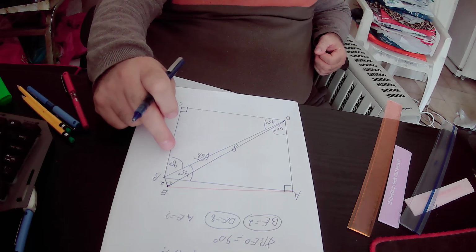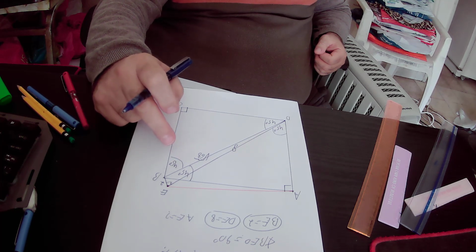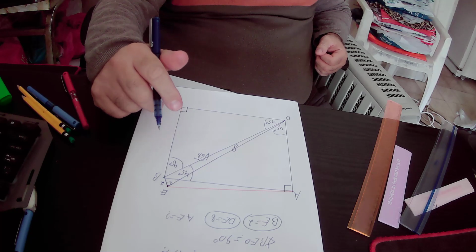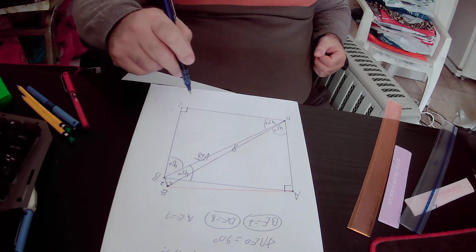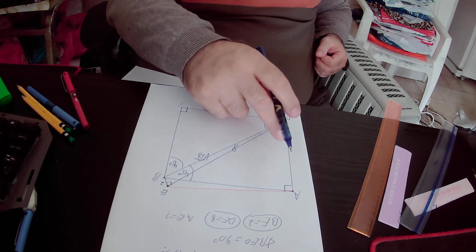So we have 4 angles that equal 45 degrees according to rule number 1. And if we draw the second diagonal AC, we will have another 4 angles on the other side.